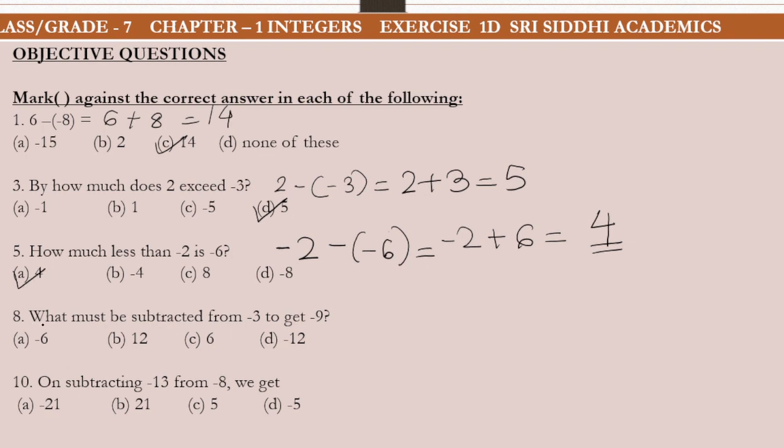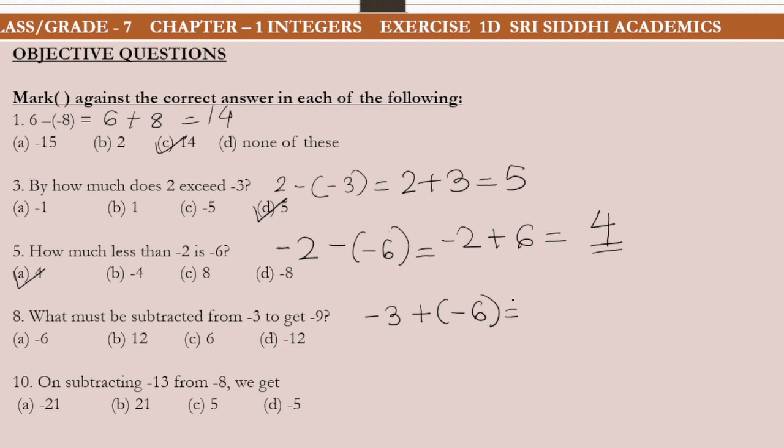Now what does 8 say? What must be subtracted from minus 3 to get minus 9? Okay, to understand this question, let's understand, when we add a negative integer to another negative integer, let's say minus 3, I add with minus 6. Okay, then what will happen?